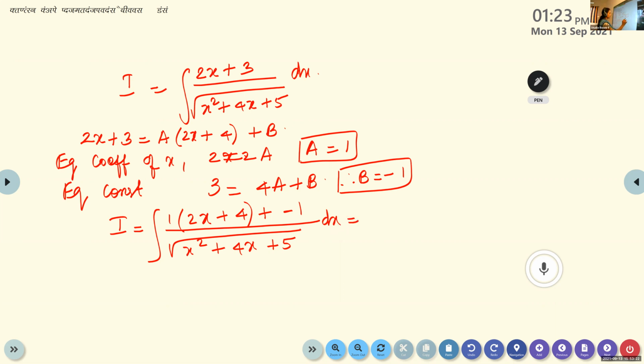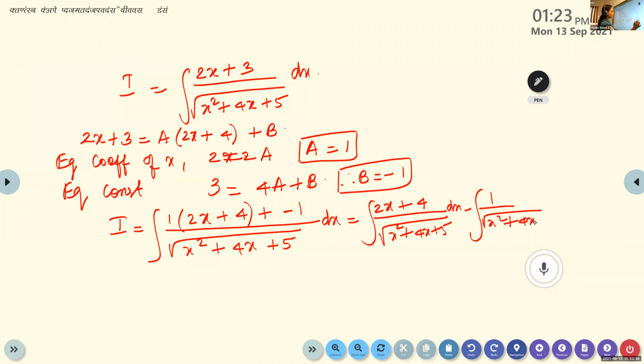So now we can split this into two integrals: 2x plus 4 by root of x square plus 4x plus 5 into dx minus integral of 1 by root of x square plus 4x plus 5 into dx.